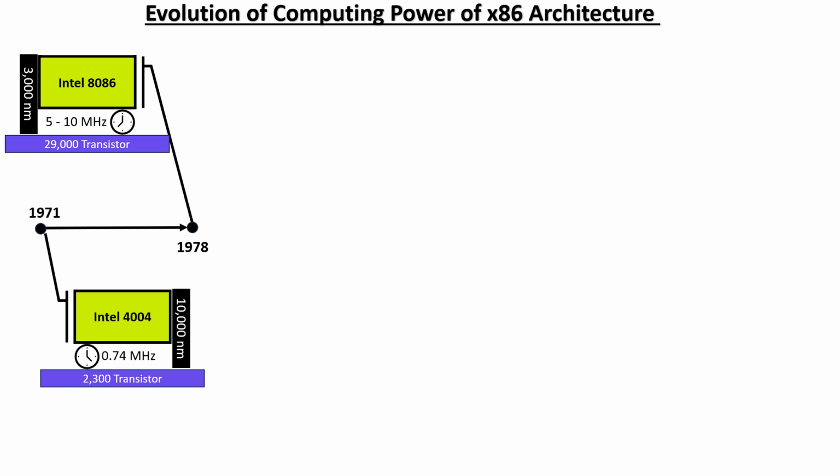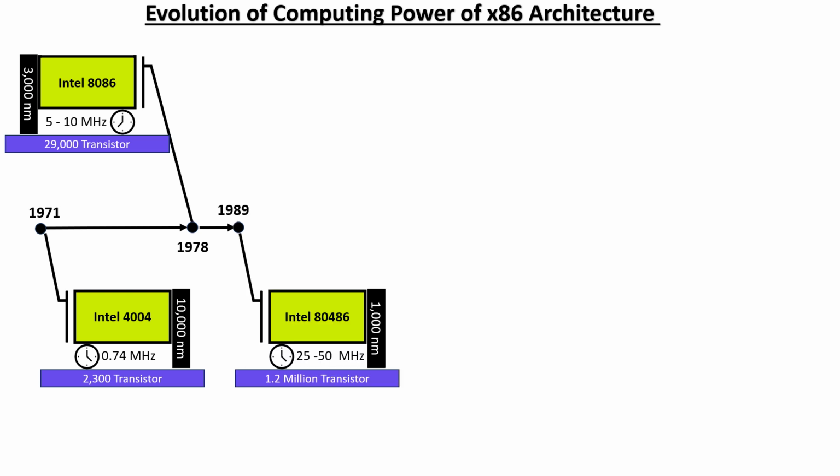So later in 1978, Intel launched the 8086 CPU. It has considerably improved the clock speed, 5 to 10 megahertz, and it came up with 29,000 transistors, which is a very significant improvement over Intel 4004, and the working space reduced to 3000 nanometers for the transistors.